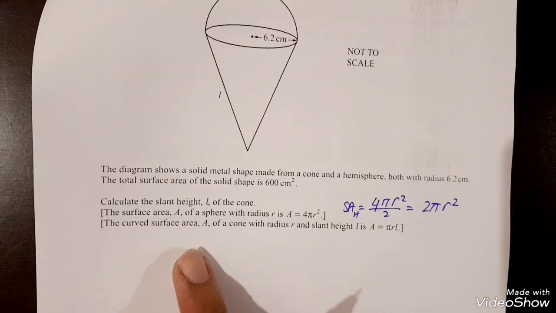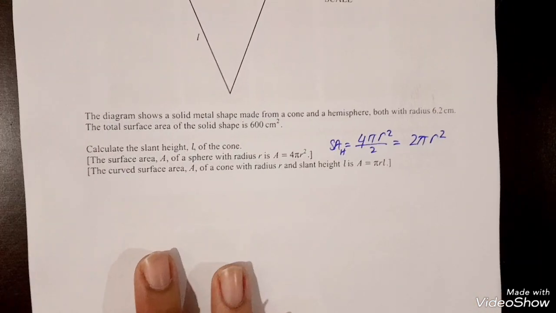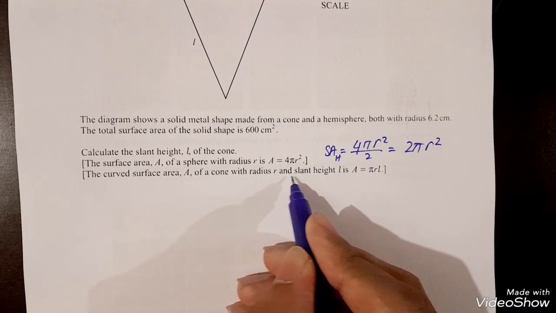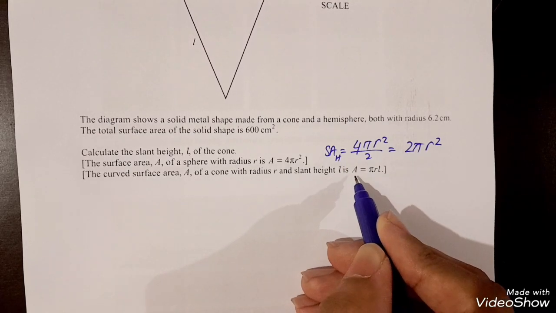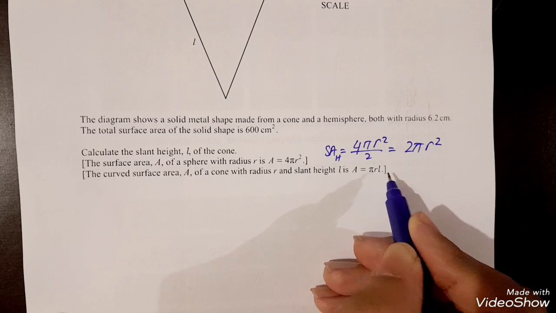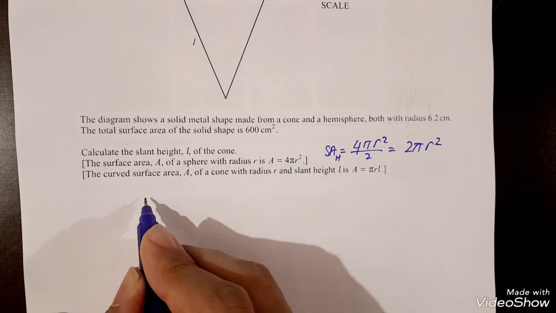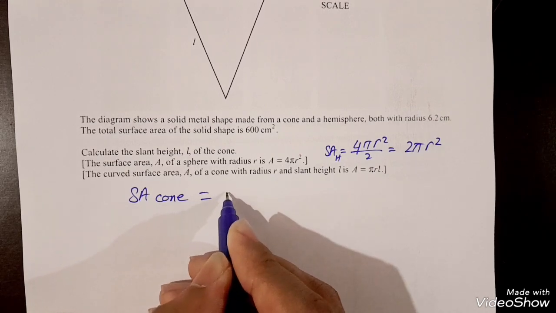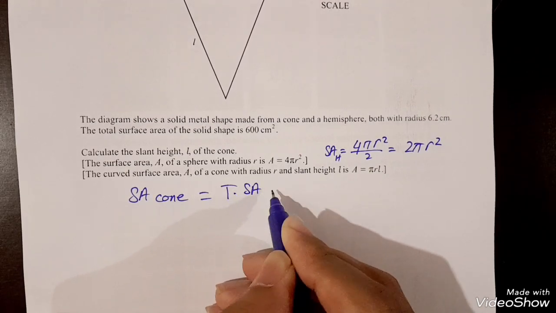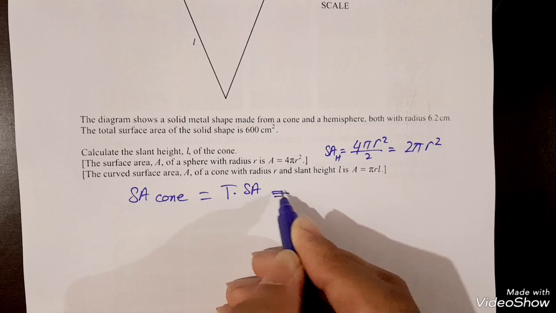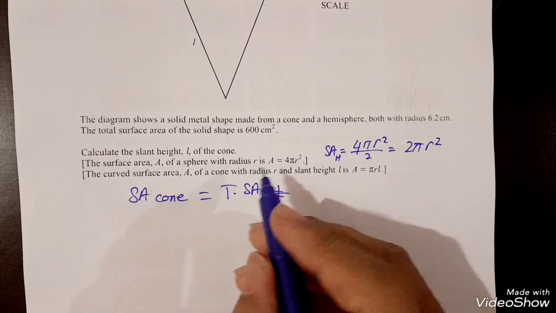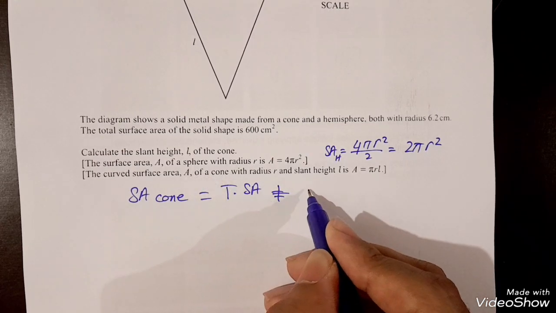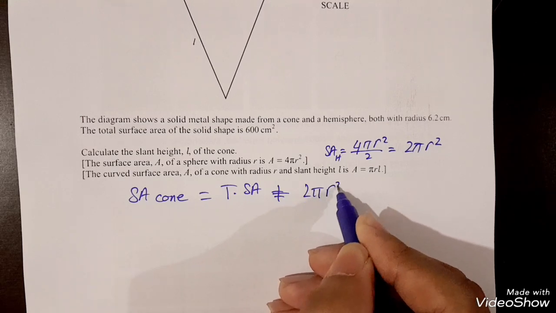Then we have the curved surface area of the cone with radius r and slant height L. A is equal to pi r L. So the surface area of the cone is equal to the total surface area minus the hemisphere area, which is 2 pi r squared.